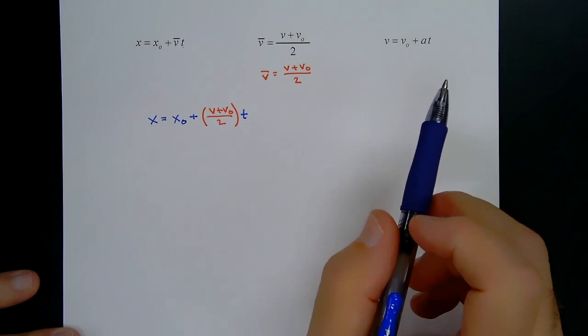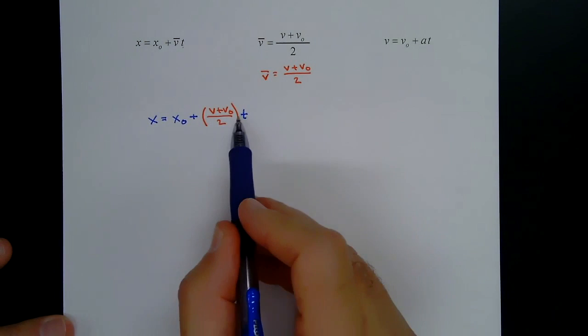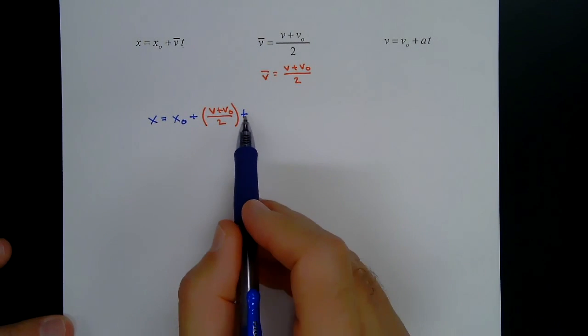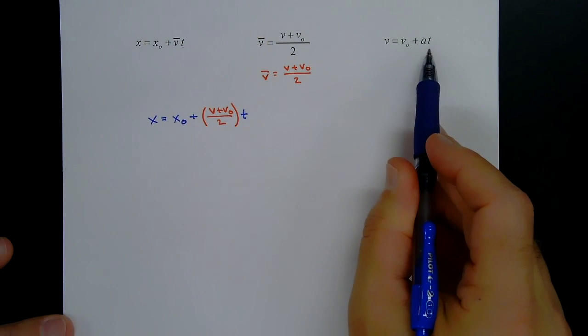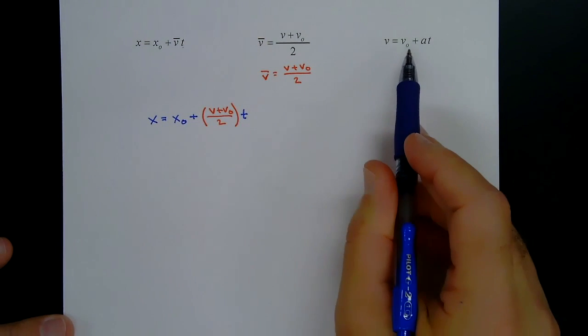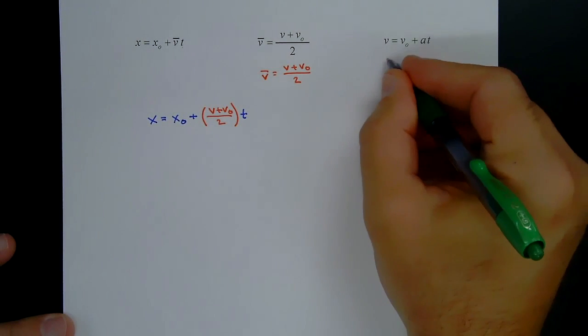All right, now one more thing that I need to do. Over here, I can replace this time. Now, how can I do that? This time right here is the same as this time right here. So what I'm going to do is subtract v sub o, and I'm going to use a third color. So I'm going to subtract v sub o from both sides.